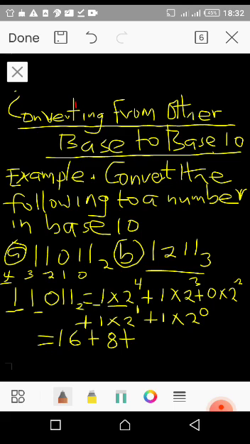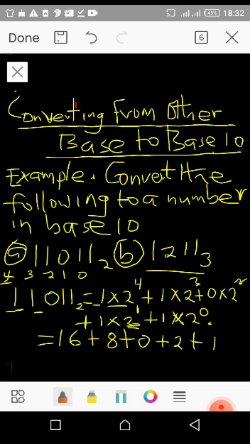Then 2 raised to the power of 2 is 4, and 4 times 0 is still 0. Then plus 2 raised to the power of 1, which is 2, times 1 is 2. Then 2 raised to the power of 0. Take note, any number raised to the power 0 gives you 1. So 2 raised to the power 0 is 1, and 1 times 1 is 1.